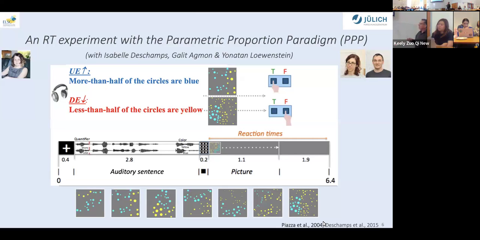It was very much inspired, in addition to Martin's work, by Manuela Piazza, who at the time was a graduate student at Stan Dehaene's lab near Paris. And the idea here was, since quantification is strongly related to quantity, let's see whether there is an interaction between any formally describable linguistic property and basic rules of perception, mostly Weber's law.